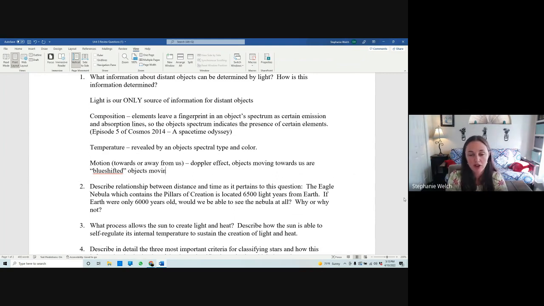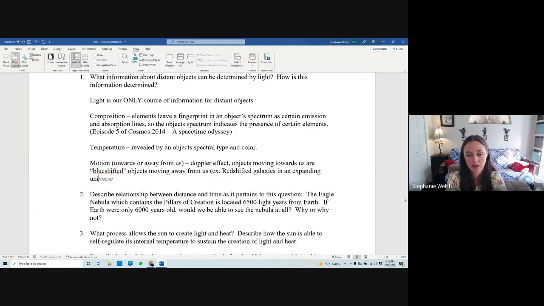Objects moving away from us, and the example I give that's really pertinent is the red-shifted galaxies in an expanding universe. Objects moving away from us are red-shifted.